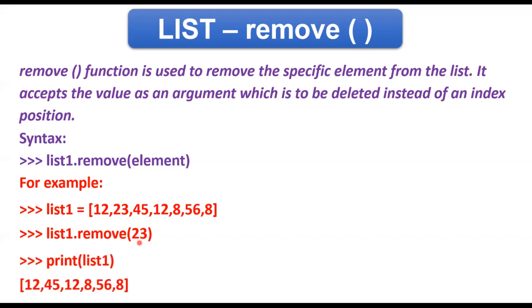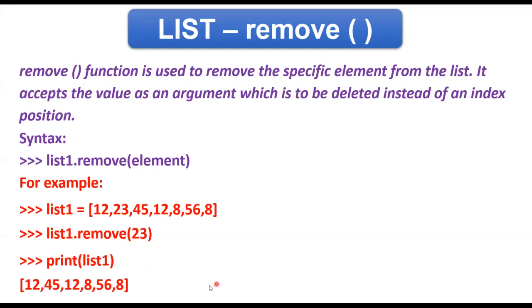Now, my print function is going to return me this list, and this new list does not contain the 23 element because it has been removed. So it doesn't matter where your element is stored, but the element which is to be removed.